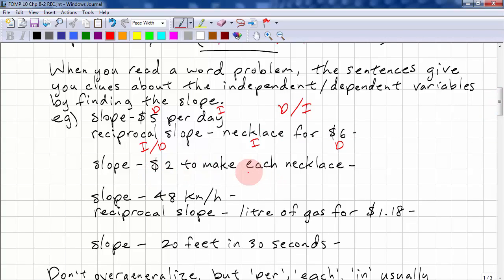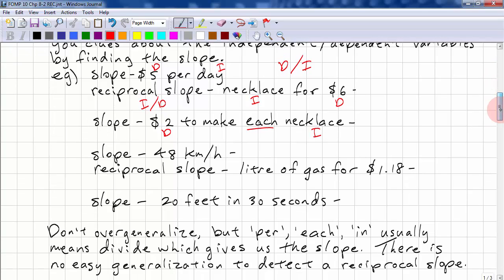$2 to make each necklace. So this is our I, independent, and this is our dependent. And we have a divide here, so that is very clear. This is our dependent, and this is our independent. Okay, liter of gas 4. Again, this is a reciprocal slope.